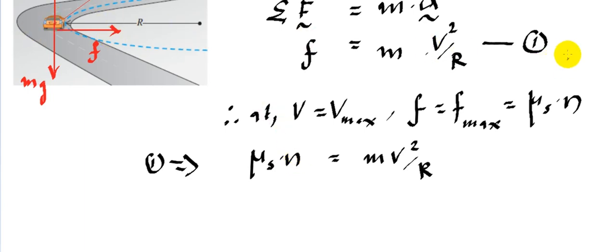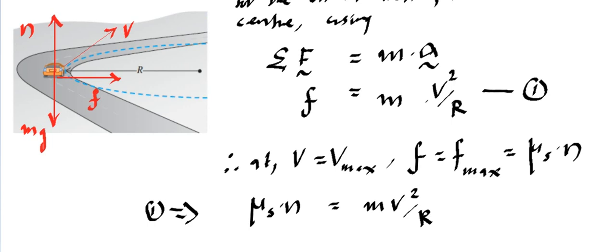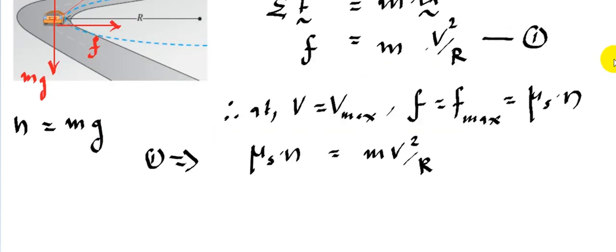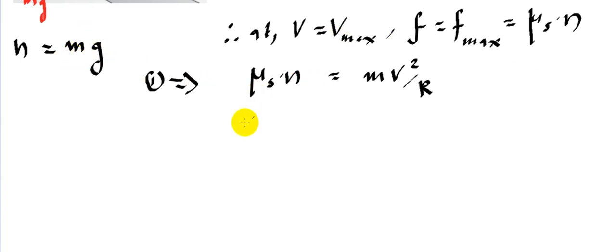This car in the situation is not moving up and down, you can see that. Therefore it has to be in equilibrium in the vertical direction. Therefore this car has no vertical acceleration, and these two forces acting vertically have to be balanced. This N acting upwards equals the weight mg acting downwards. By putting that value in the N place, you can write it in a more simplified way like this.